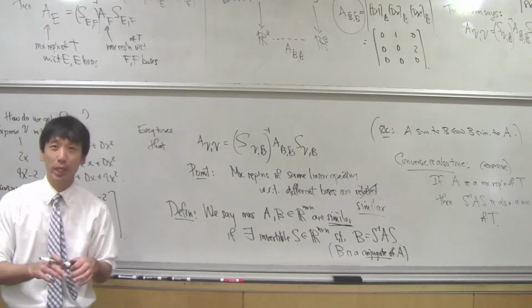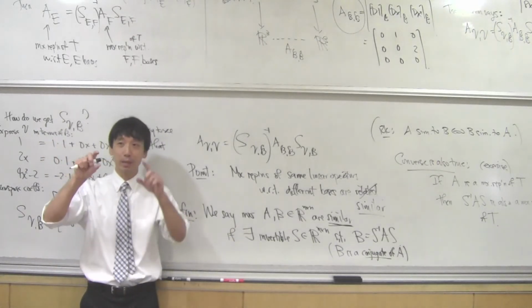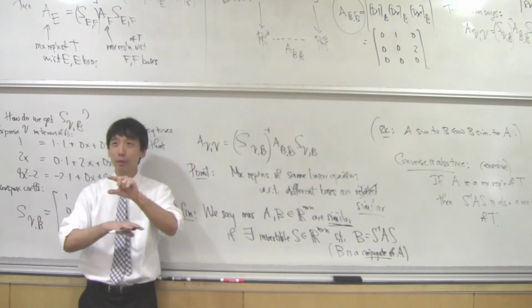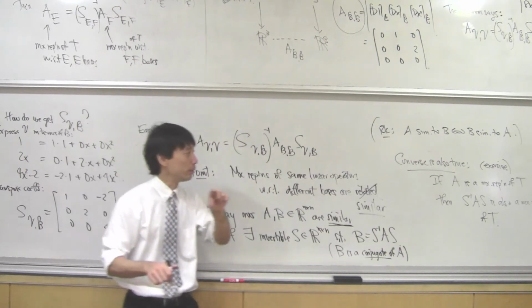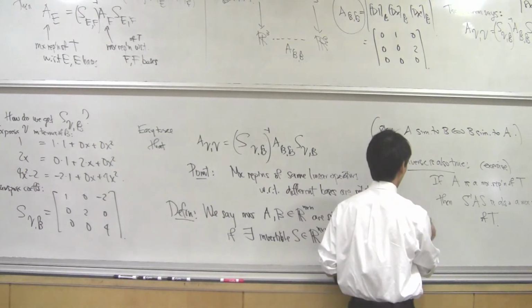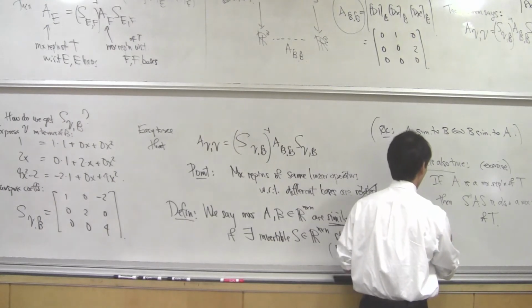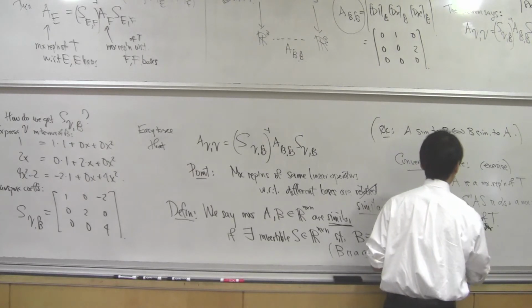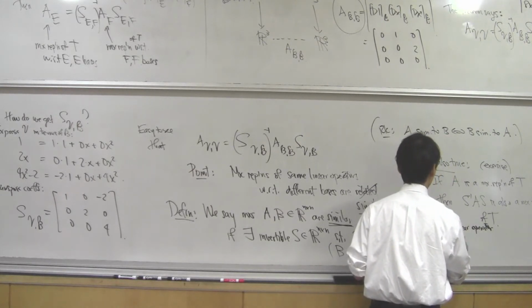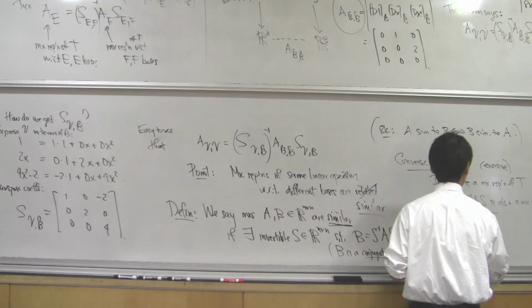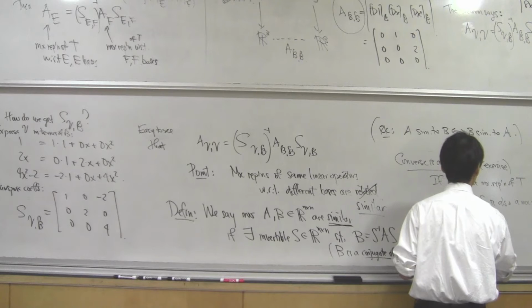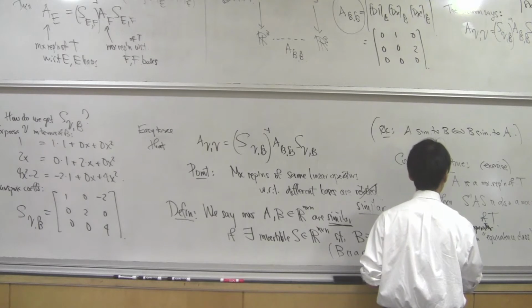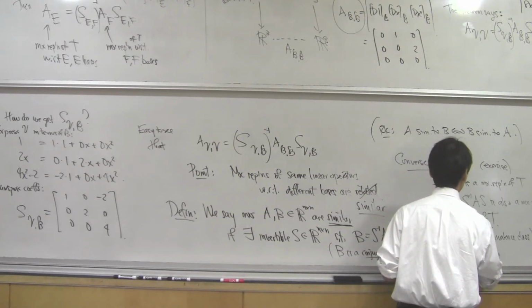Okay. Anyway, the point at this point is that every linear transformation is going to correspond to a bunch of matrices, all of which are similar to each other. Each linear operator corresponds to what's called an equivalence class of matrices, all similar to each other.